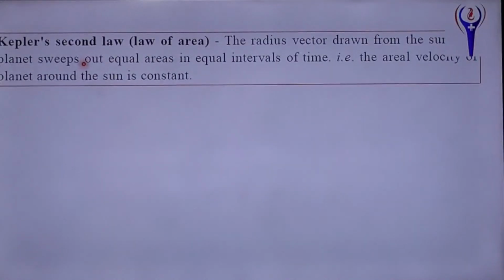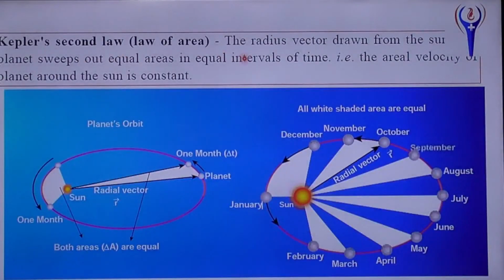Kepler's second law is also called the law of areas. That is, the radius vector drawn from the sun to each planet sweeps out equal areas in equal intervals of time. That is, the areal velocity of a planet around the sun is constant. See, this area and this area are equal. And compare this distance and this distance. Is this distance the same as this distance?